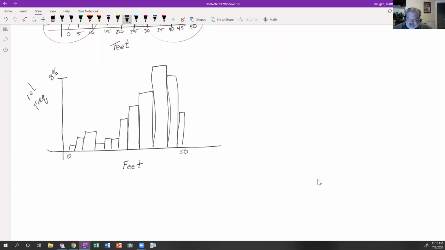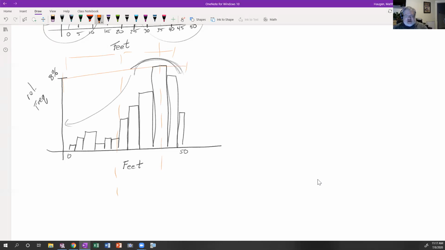Anyway, this distribution has a lot of data up here on the high end, and then falls off this way. We wouldn't consider it symmetric, because if we tried to divide it down the middle at that peak, this side is much shorter than that side.